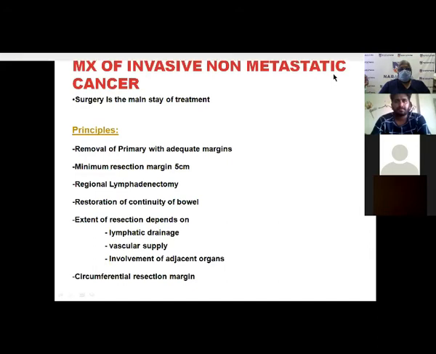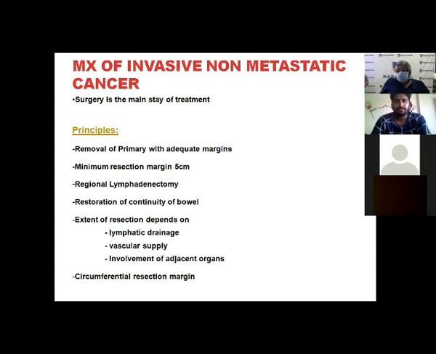For invasive non-metastatic malignancy, surgery is the mainstay of treatment. Removal of the primary with adequate margin, even if it requires a multi-organ resection; you are supposed to give an R0 resection. Most of the organs resected are the nearby stomach, very rarely the pancreas, tail and head of the pancreas.